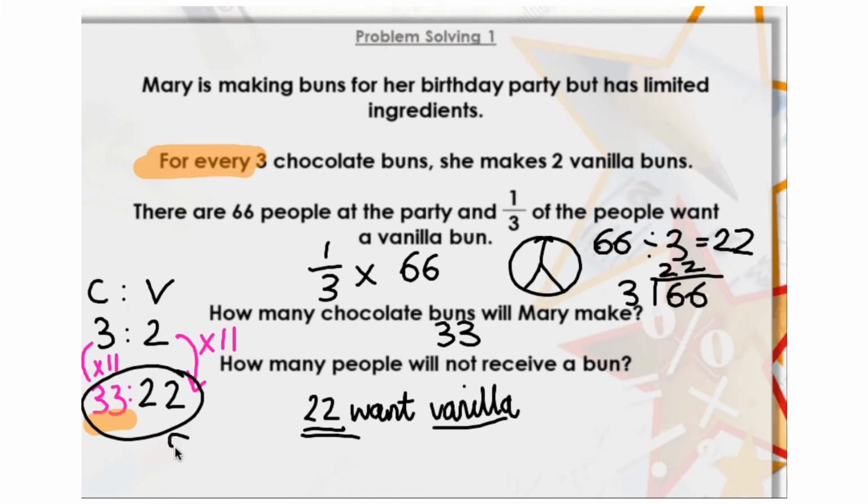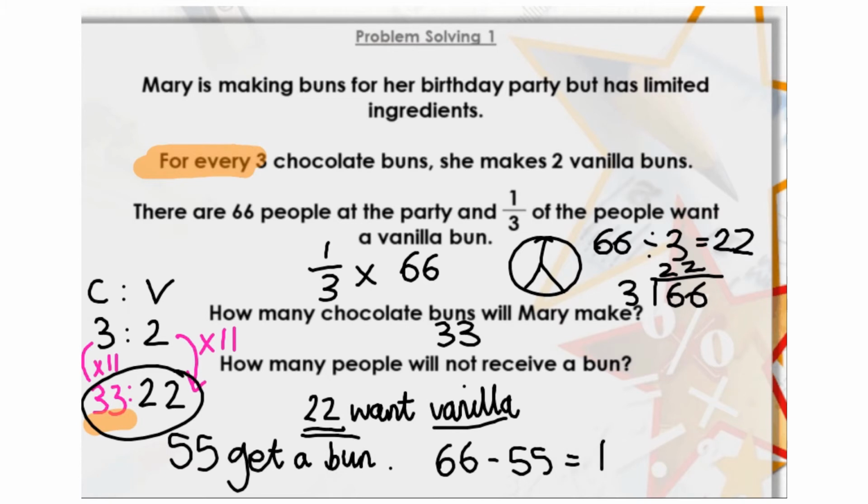So that would be 55 get a bun, and the remaining 11 people will not receive a bun, because 66 take away 55 gives us 11. So there are my answers, 33 and 11.